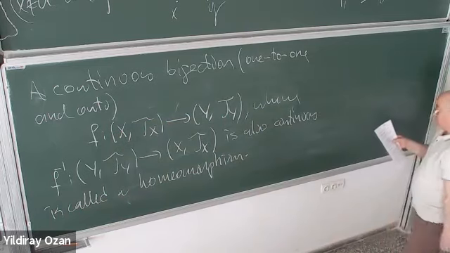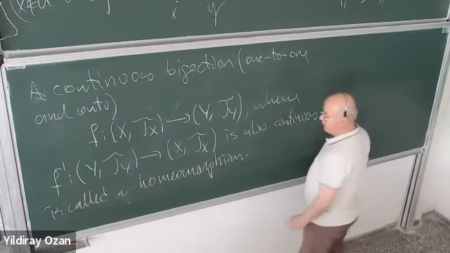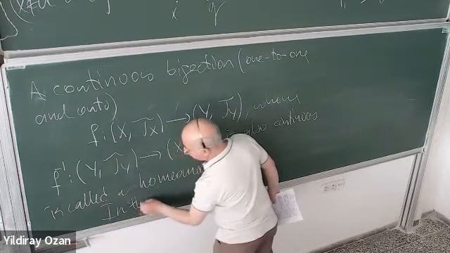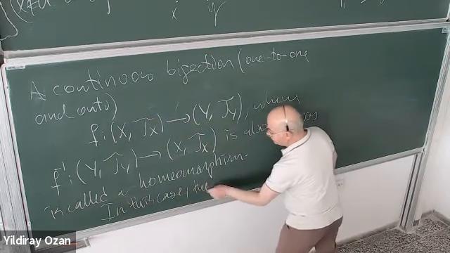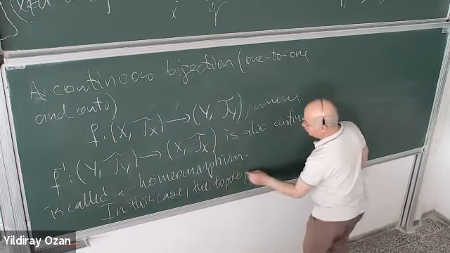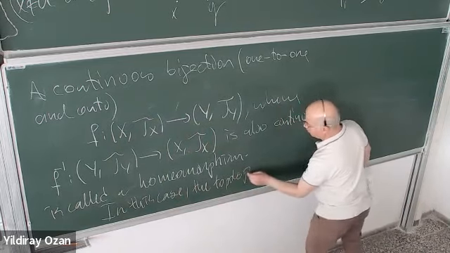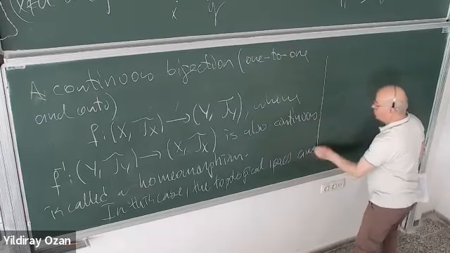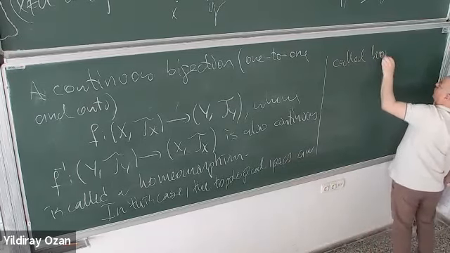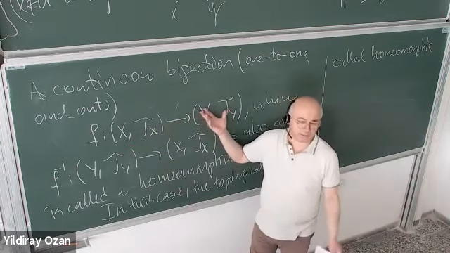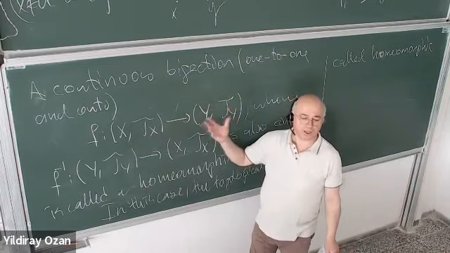Okay. In this case, the topological spaces are called homeomorphic. This means the following. Actually, X and Y are set-wise the same sets, right? There is a bijection.